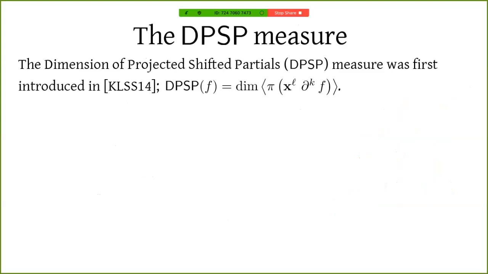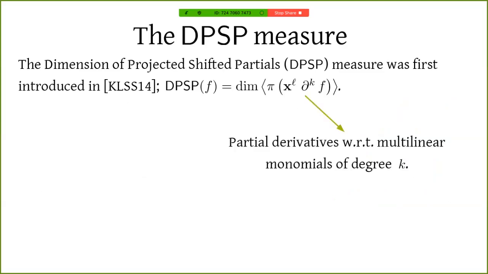Now let me mention one such measure. It is called the dimension of the projected shifted partials measure, or DPSP measure. It was first introduced in the work of Kayal, Limaye, Saha, and Srinivasan. It has three operations, the first of which is taking partial derivatives with respect to multilinear monomials of degree k.